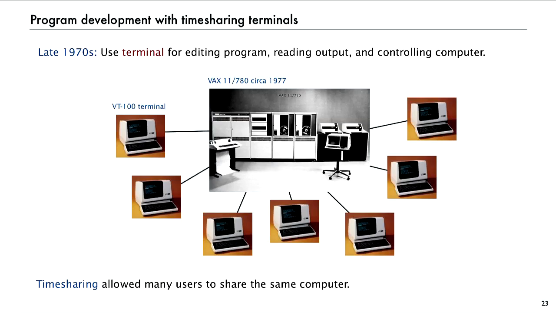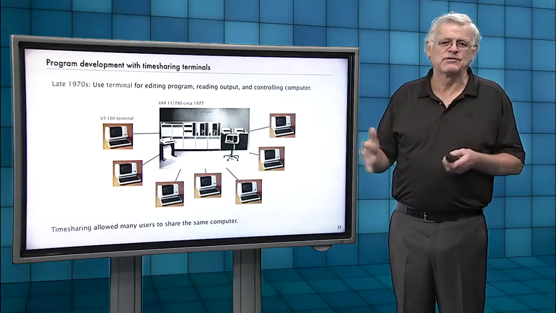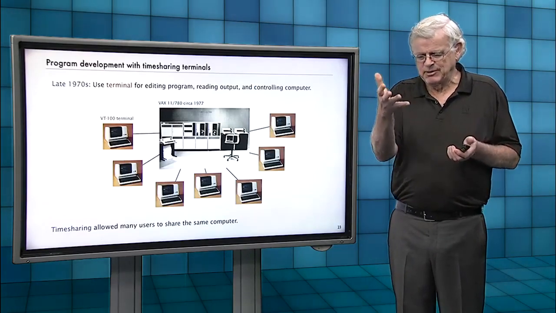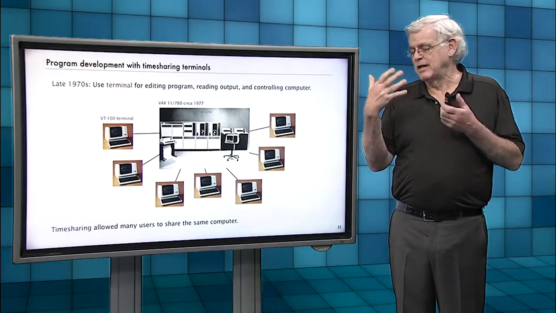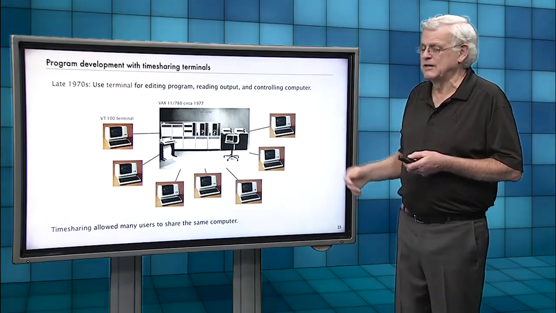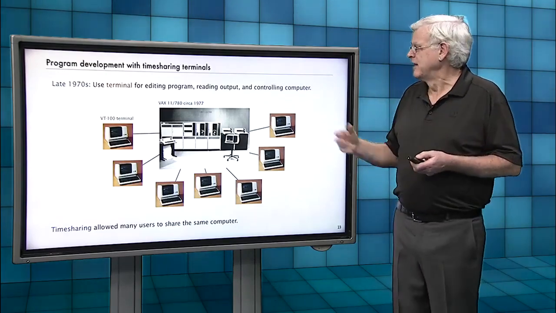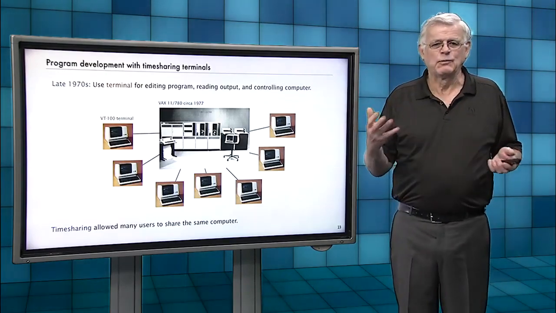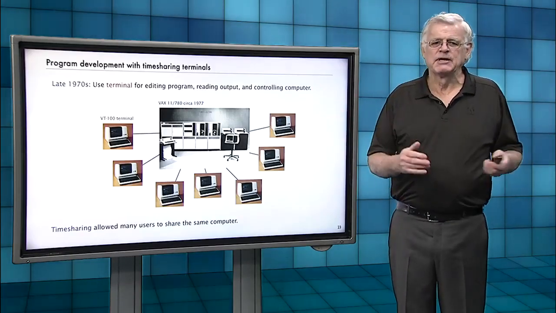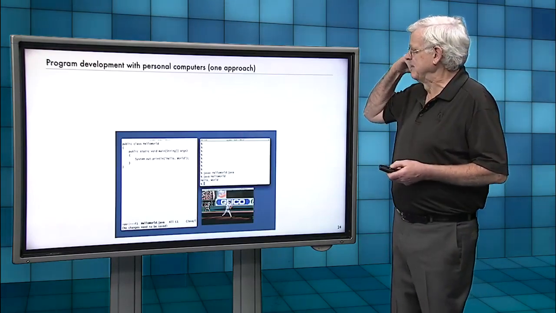So a small organization could have one computer, and then everybody could have a terminal in their office that they could use to create the text that made up their program, and then to invoke the compiler and the editor, but all sharing the same computer. And that was a welcome development because it got everybody computing in their offices.